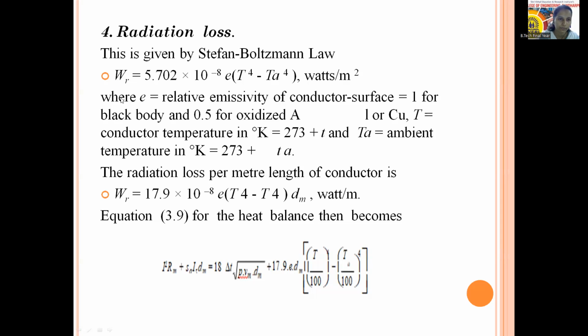Now we put these four equations in 3.9, so that we get the heat balance equation: I squared Rm plus SA ISTM is equal to 18 into delta T under root of p Vm under root of dm, plus 17.9 into dm times the bracket of (T divided by 100) raised to 4 minus (Ta divided by 100) raised to 4.